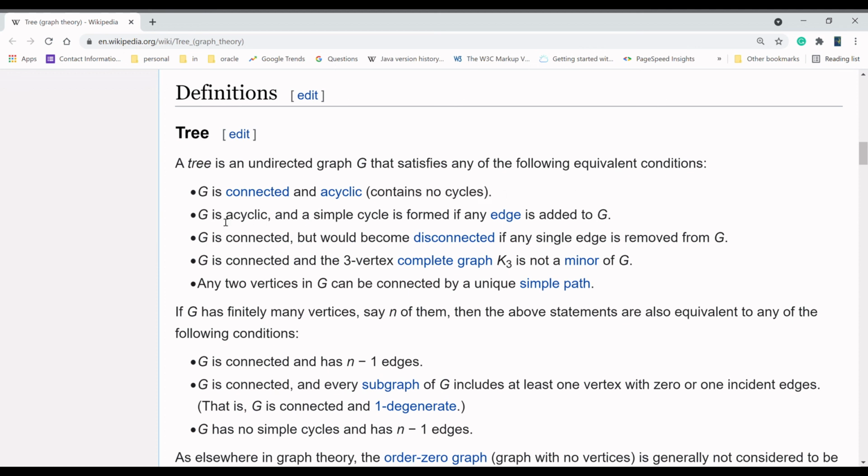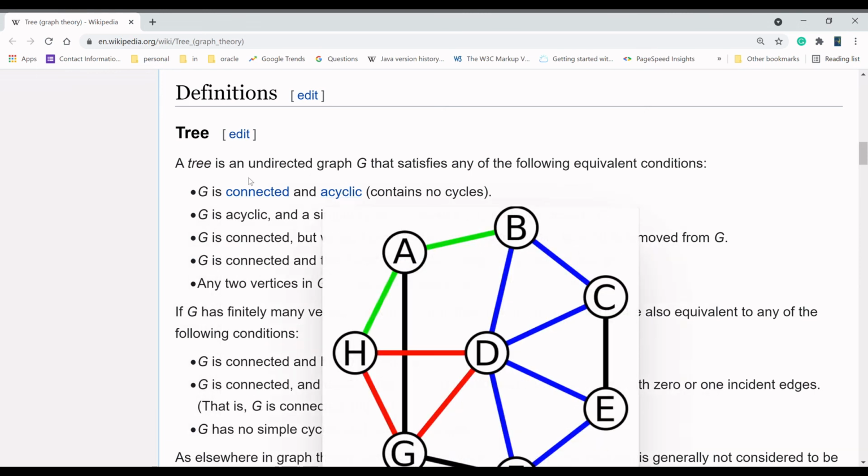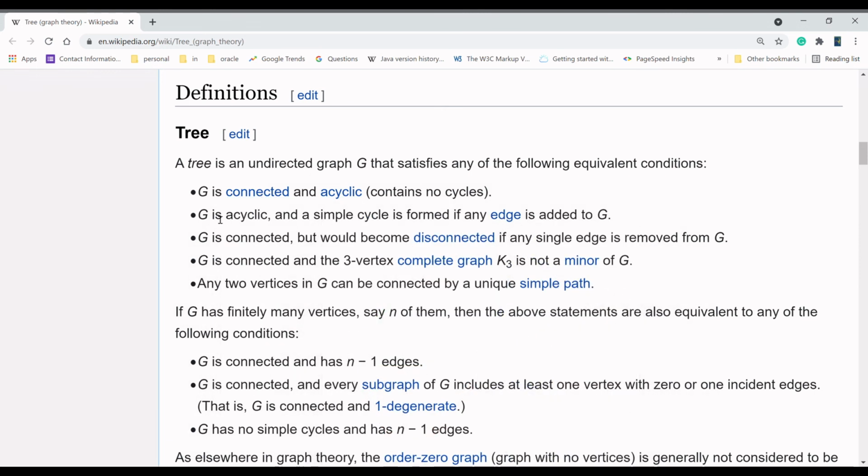So it can be both connected and acyclic. A graph that is connected and contains no cycle is called a tree.